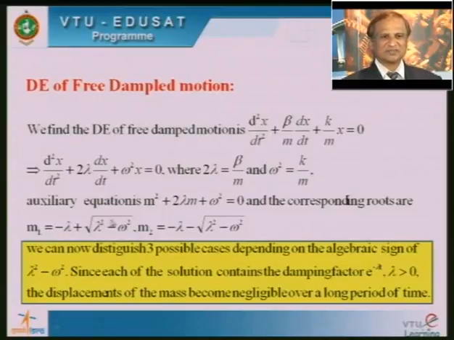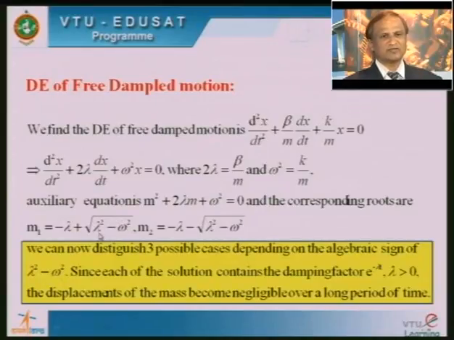Is it clear? So what is the meaning of these things, we want to verify. We can now distinguish 3 possible cases depending on the algebraic sign of lambda squared minus omega squared. What is the sign of lambda squared minus omega squared?